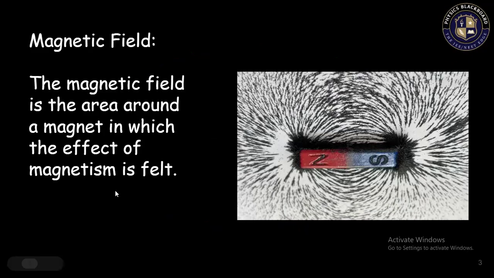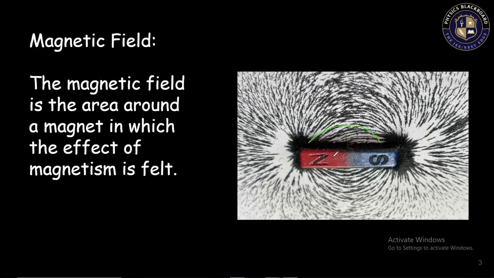Here you can see a bar magnet is placed, and iron filings are sprinkled around it. You can see that these iron filings arrange or align themselves in a particular pattern, in curved lines around the magnet.